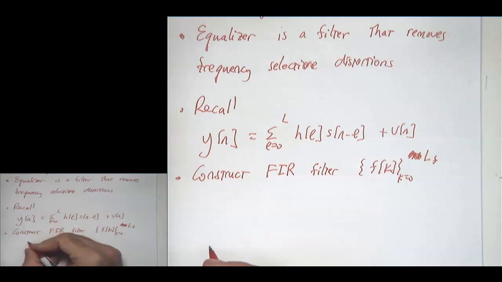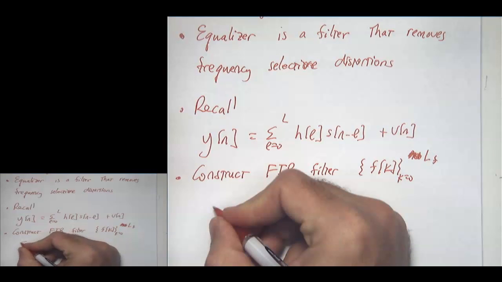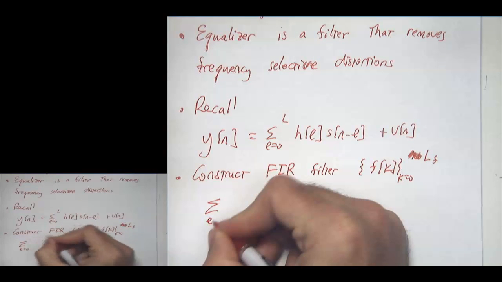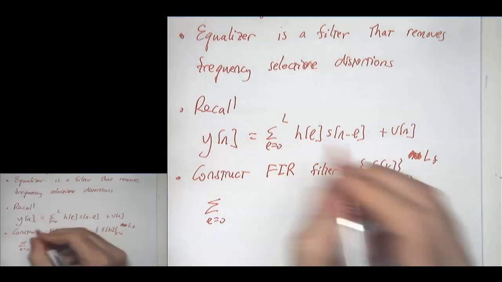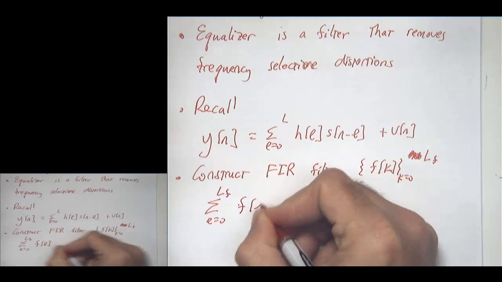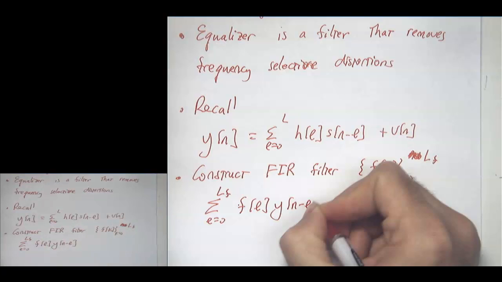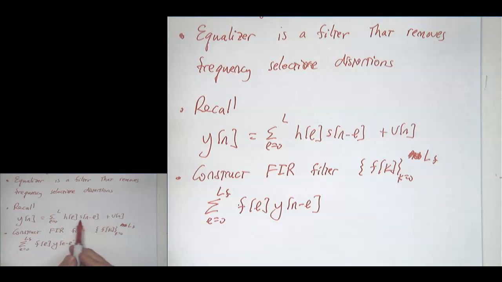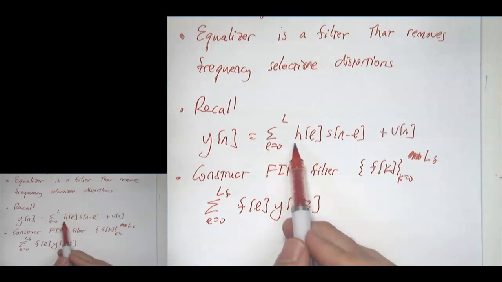So what I'm going to do is construct this FIR filter such that when I filter the sequence of observations y sub n, so I take my f of l, convolve it with y, what I want is to get rid of the effects of this h here. And I'd like to get rid of some noise too.